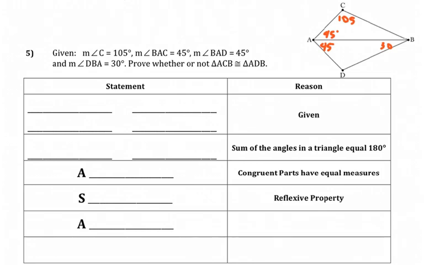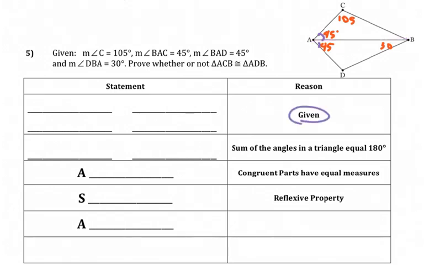Okay, so that's what I've got. And it doesn't tell us anything about the sides. Now, if you look at the picture, you might think, okay, I've got these angles, and I don't know the other ones. I do know, though, that this side is equal to itself, so I could use that in my proof. And so let's see how the proof is set up.